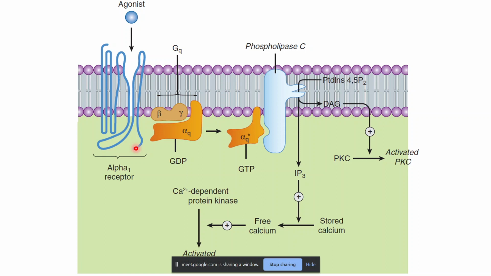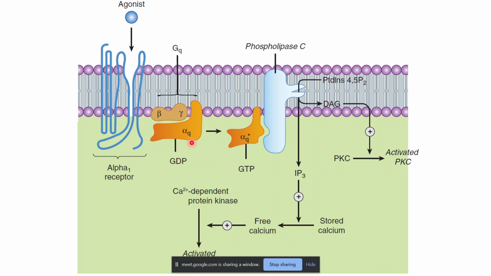G protein coupled receptors are coupled by G proteins to the various effector proteins which are activated by those receptors. Each G protein is a heterotrimer consisting of alpha, beta, and gamma subunits. G proteins are classified on the basis of the distinctive alpha subunits.